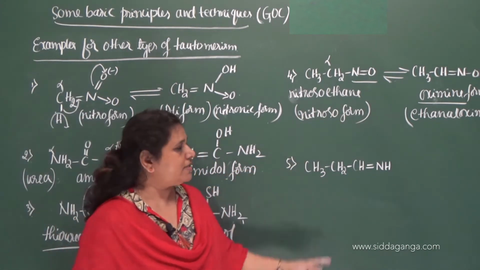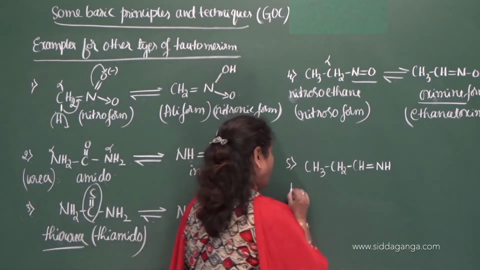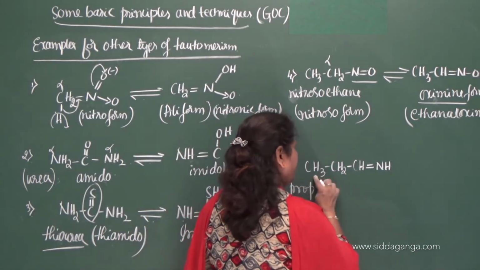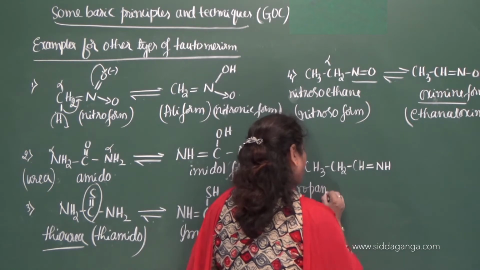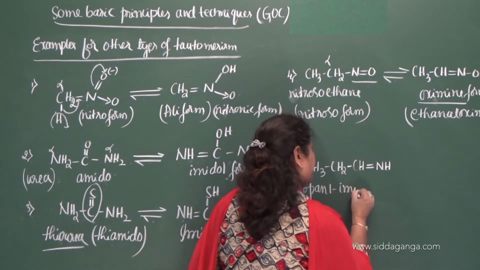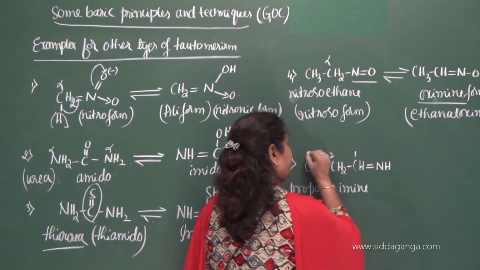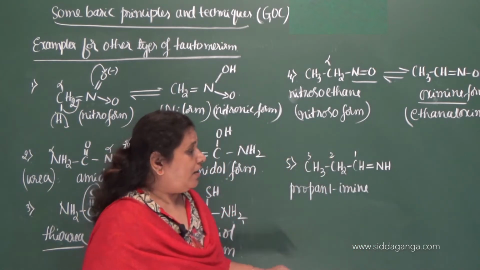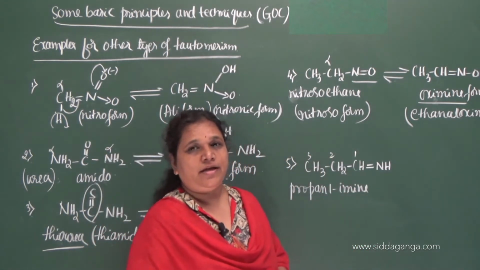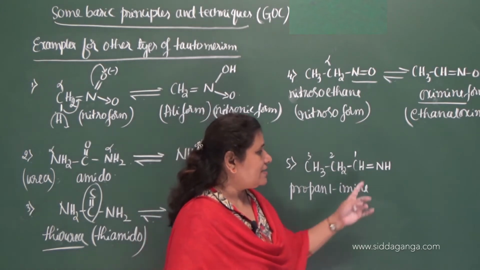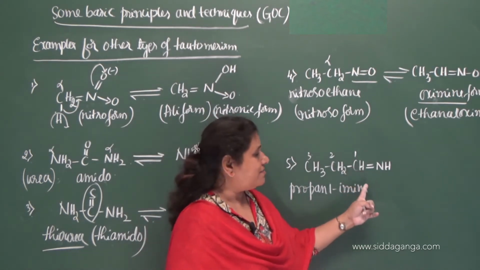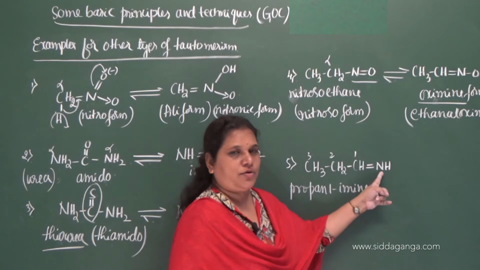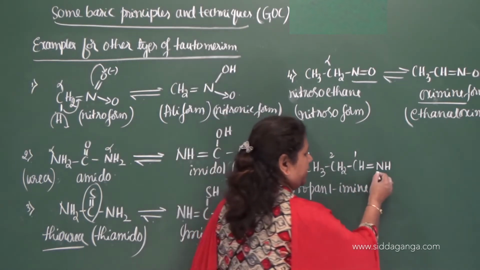Next one, what is this? Imine, correct? Propane-1-imine, because it is on the first carbon, imine. Now, does it satisfy the condition? Definitely it satisfies the condition. There is a double bond between carbon and nitrogen. Which is more electronegative?